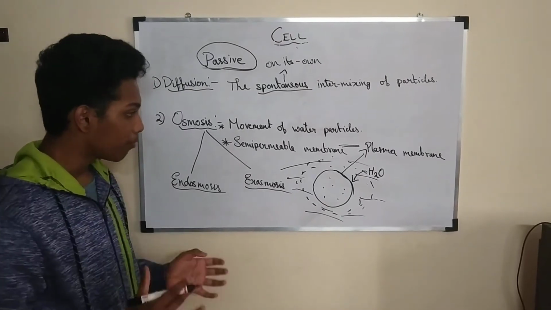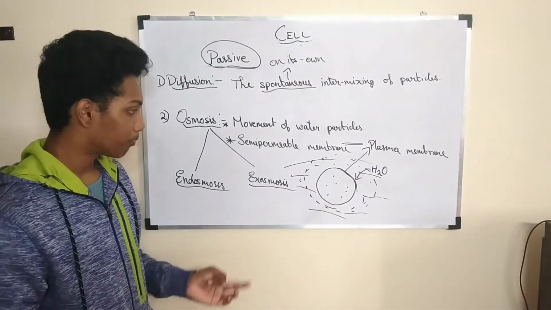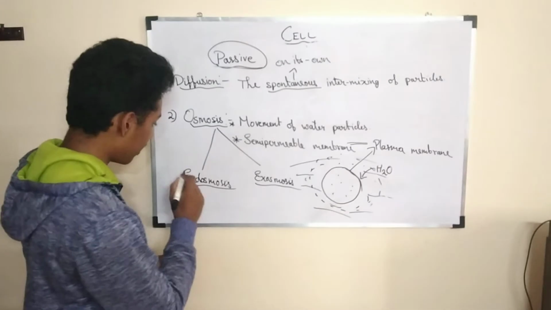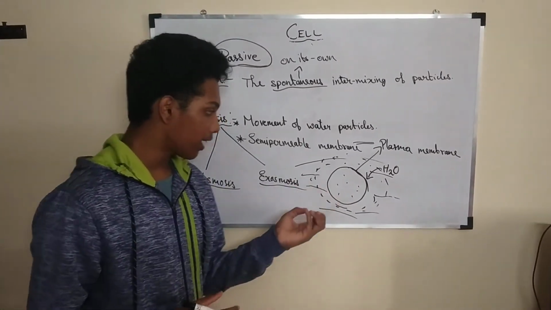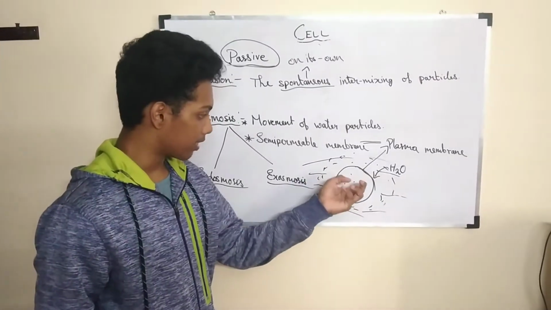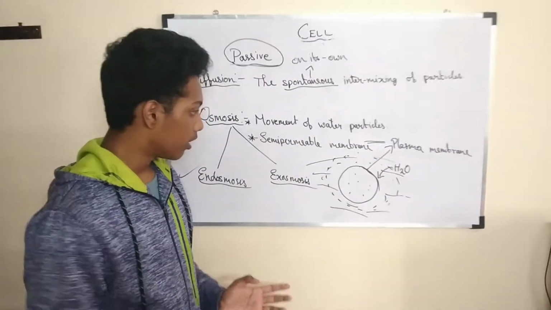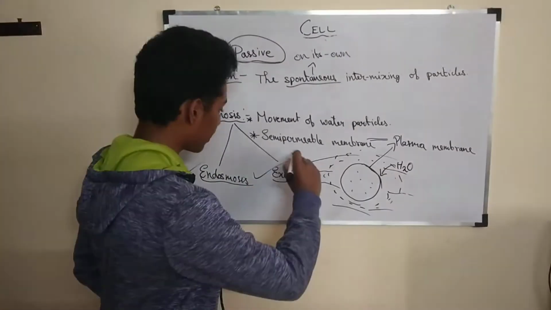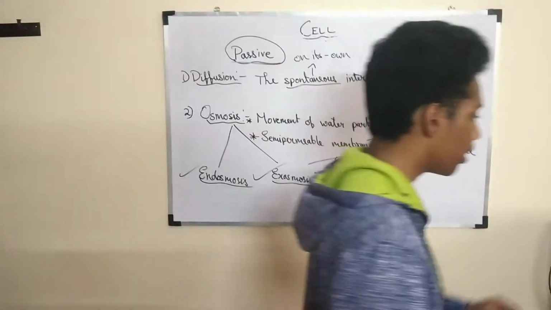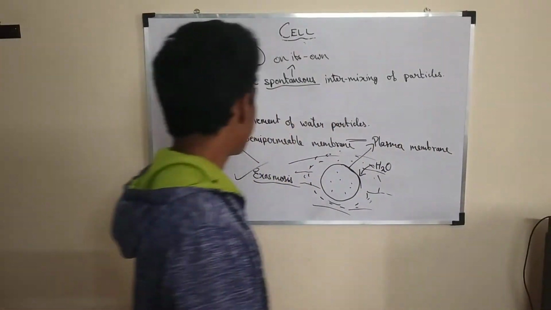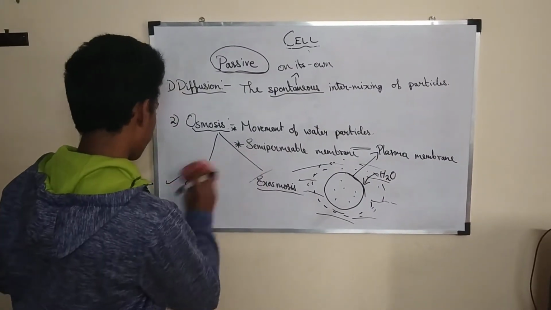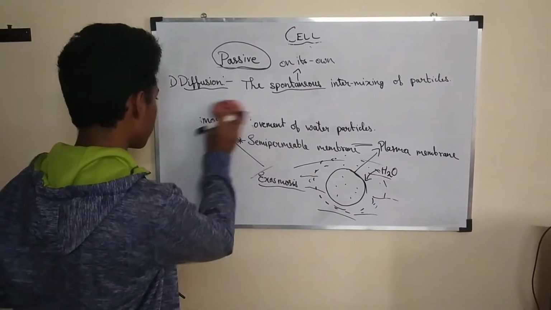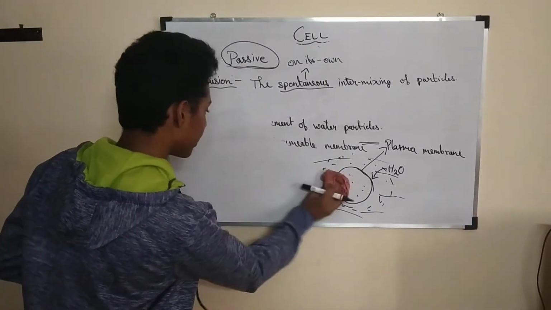If the particles move from outside the cell towards inside the cell, it is endosmosis. Similarly, the opposite: if water particles have a higher concentration inside the cell and move out to the surroundings, it is known as exosmosis. Now let's move on to the different types of solutions. If you understand endosmosis and exosmosis clearly, you can understand this clearly.